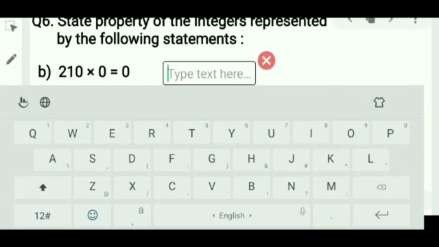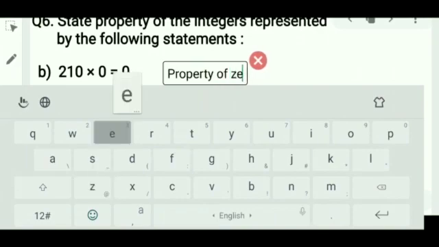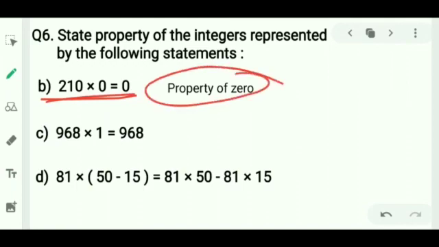What is the property? It is the property of 0 of multiplication. We are studying the properties of multiplication, so we can say the answer to the first statement is the property of 0.